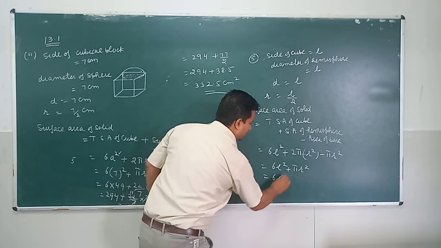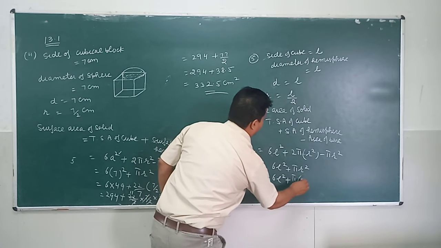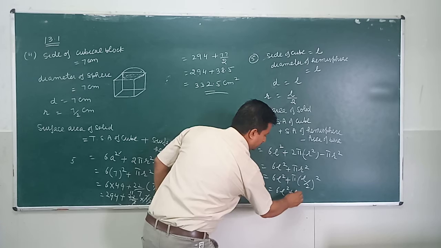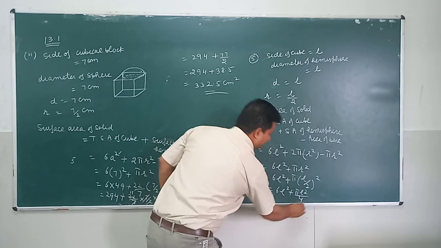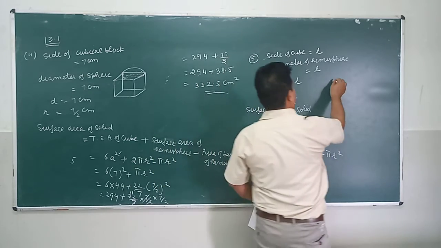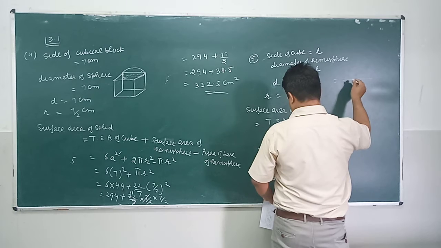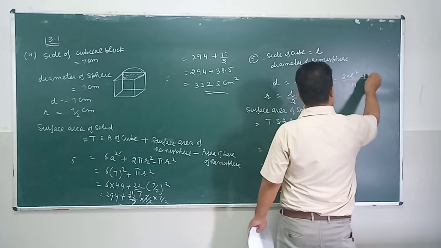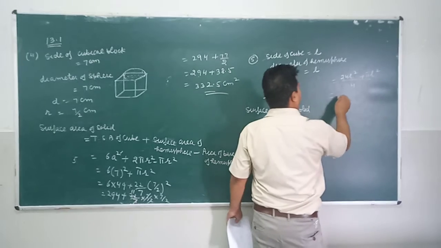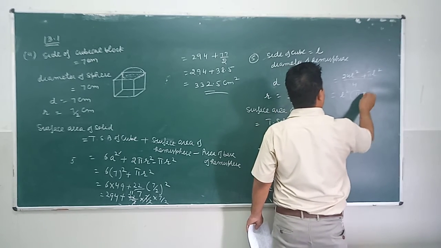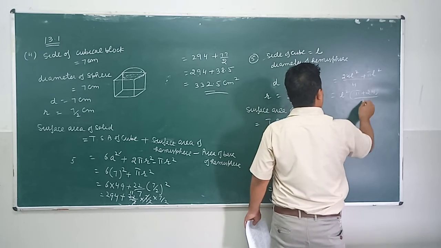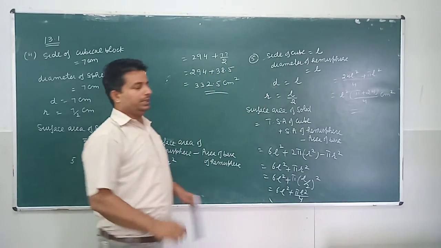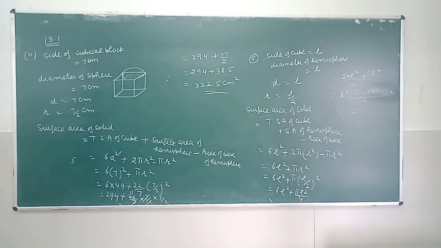The value of r is l upon 2, so it becomes 6l square plus pi l square by 4. When we take the LCM, which is 4, this is 24 l square plus pi l square. Taking l square common, this is l square times (pi plus 24) upon 4 centimeter square. This is the total surface area of this solid.